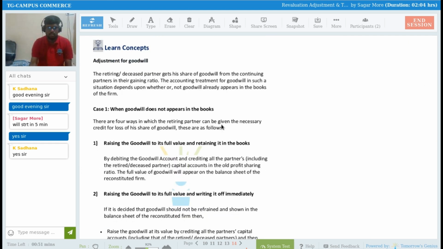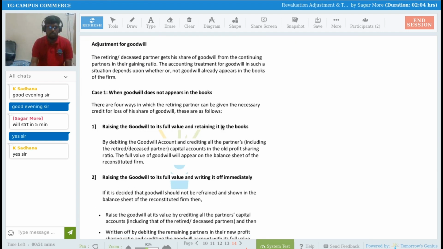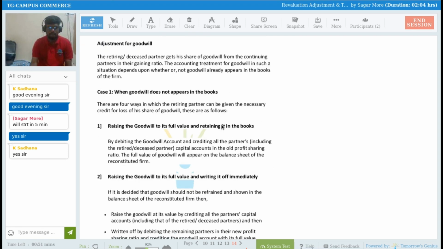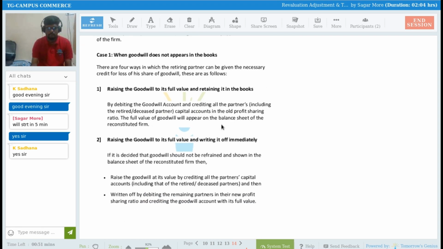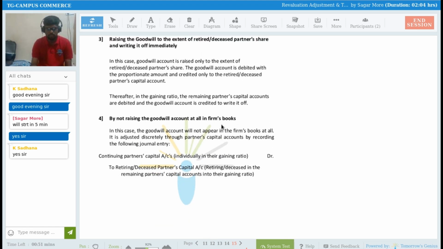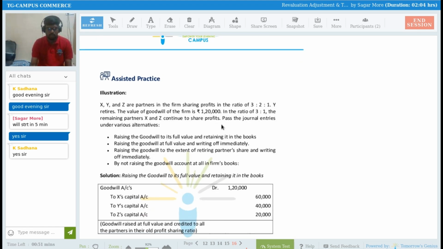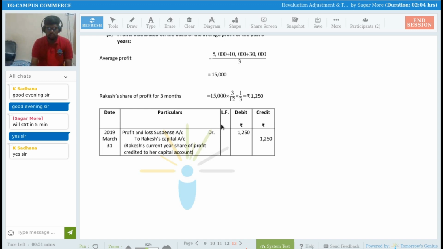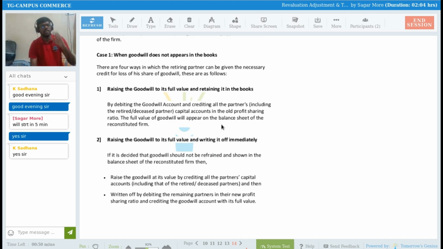Now after this, we have to see the goodwill adjustment. In your CBSE syllabus, there is only one journal entry for goodwill adjustment that I'm writing down here.